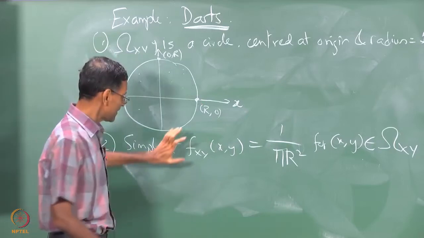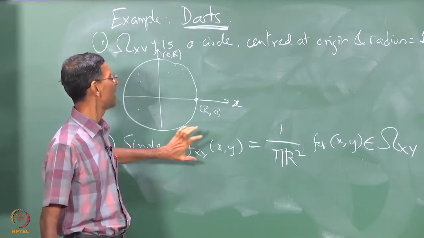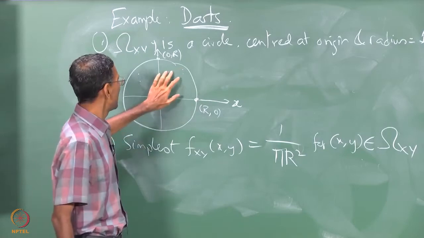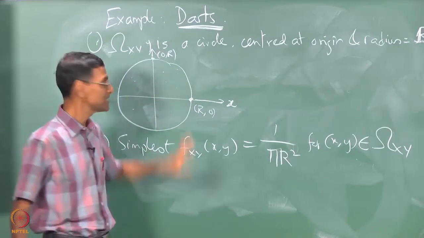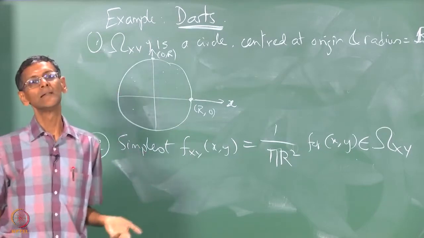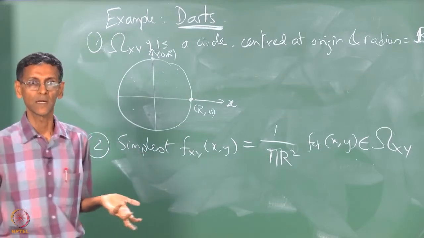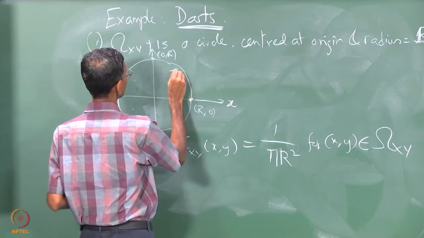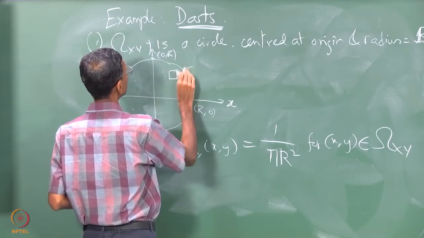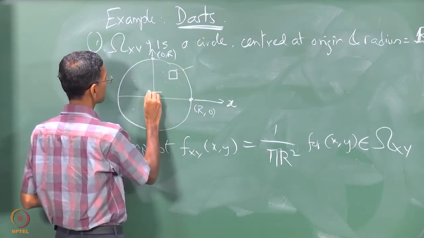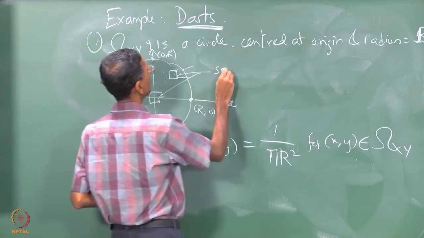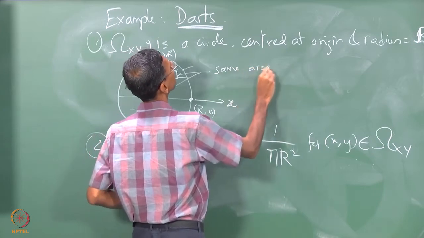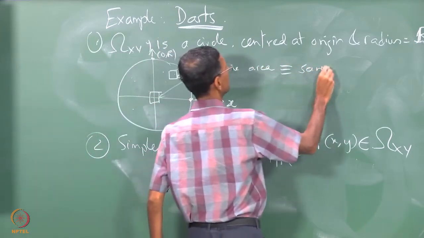Okay. Another byproduct of using this model is what? A certain region of some area has the same probability no matter where that particular region is located inside the circle. So, if I take a small square out here of some area, and I take a small square out here of the same area, same area means same probability.